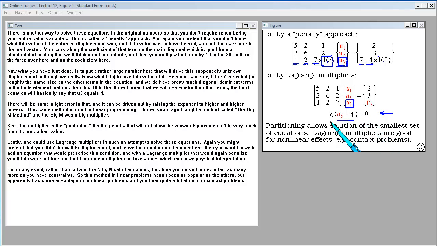And that Lagrange multiplier can take values which can have physical interpretation. But in any event, rather than solving the n by n set of equations, this time you solve more. In fact, as many more as you have constraints. So this method in linear problems hasn't been as popular as the others, but apparently has some advantage in nonlinear problems, and you hear quite a bit about it in contact problems.